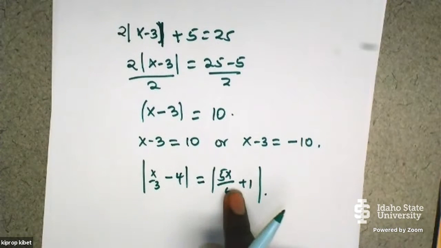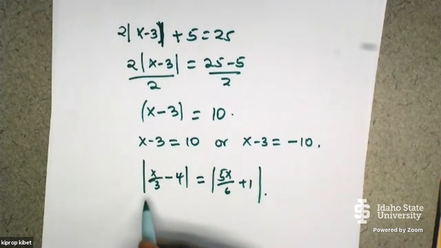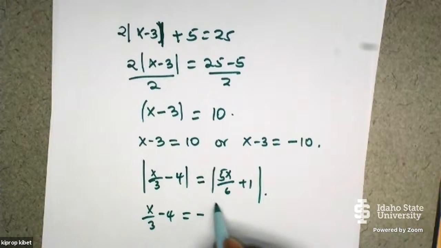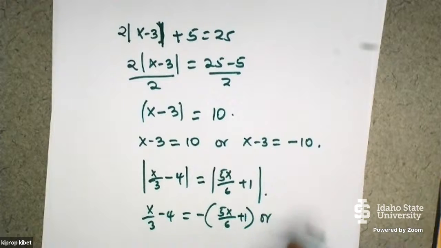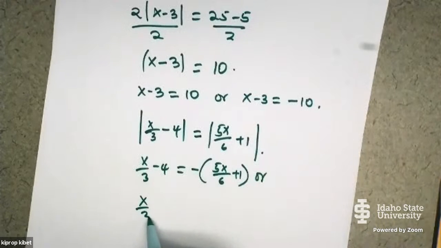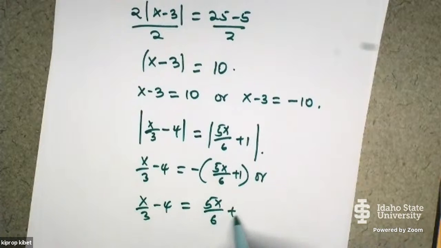Then you can make this one the determining factor here. So you can say x over 3 minus 4 equals minus 5x all over 6 plus 1, or x over 3 minus 4 equals 5x all over 6 plus 1.